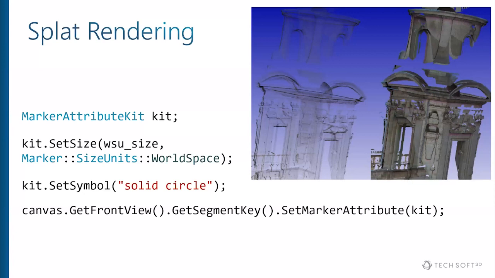It's pretty straightforward. It follows how you generally set attributes in HPS. You have this marker attribute kit, and again you define the size of the sprites in the various units. You define this as a sprite symbol, and then you just apply that marker kit, in this case, to the view segment.